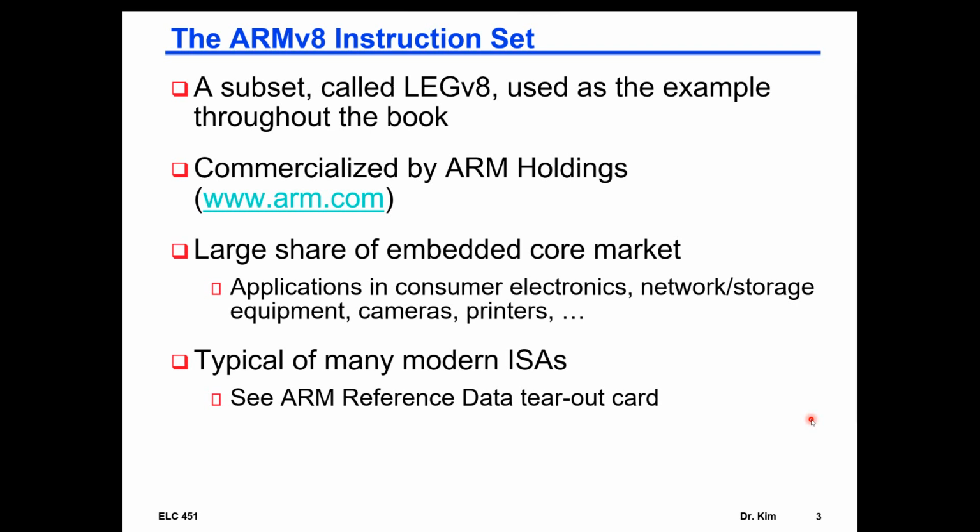They have not just a large share of the embedded core market, they have the largest share. Mostly every cell phone has an ARM core in it, or a multi-core ARM processor these days. So it's very entrenched, and it's all over the place in different things.